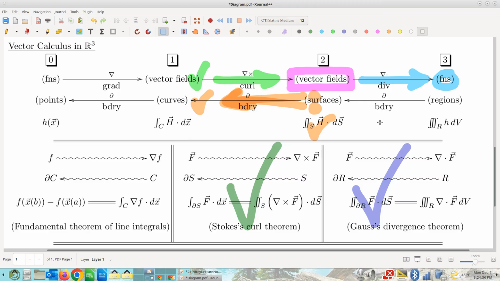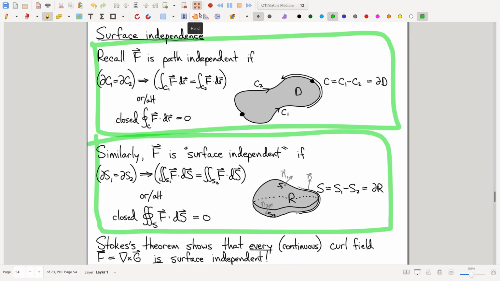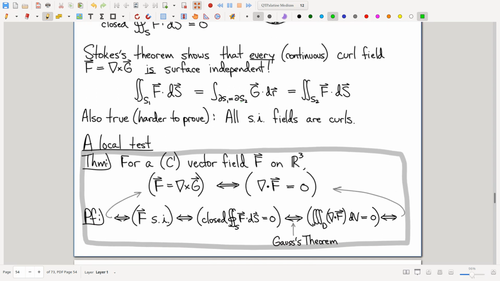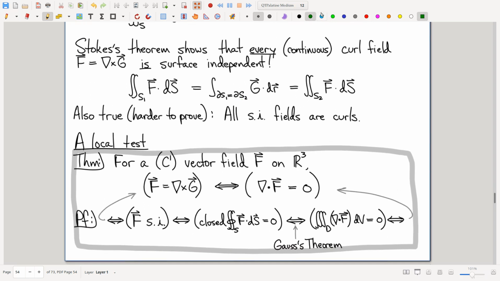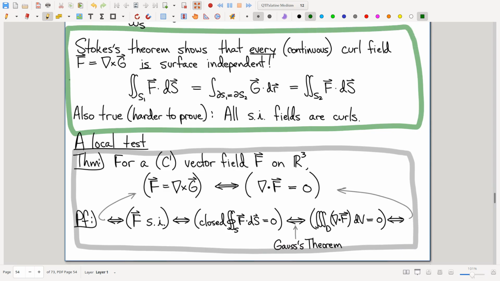I'm just going to point here. Why don't I go full screen? There we go. This argument right here shows that if you have a vector field that is a curl, it's surface independent. And how do I know it's surface independent?